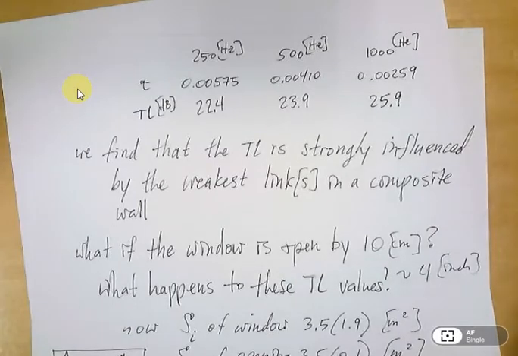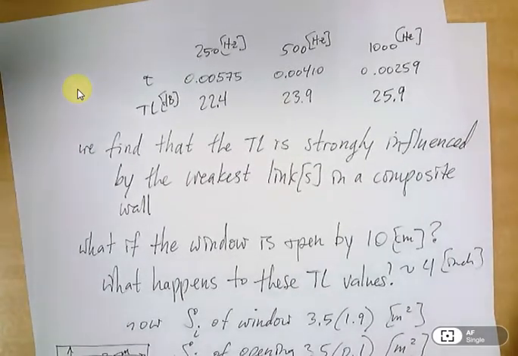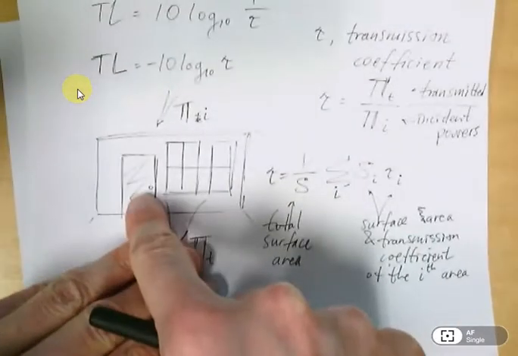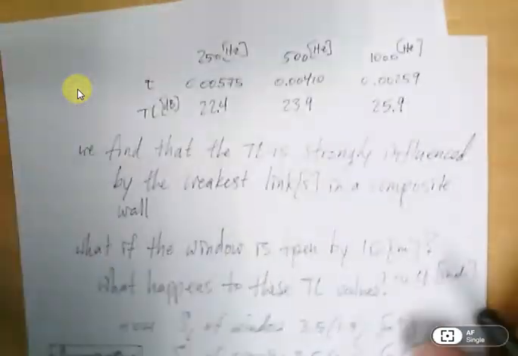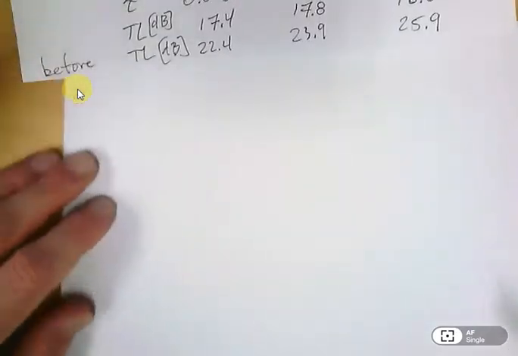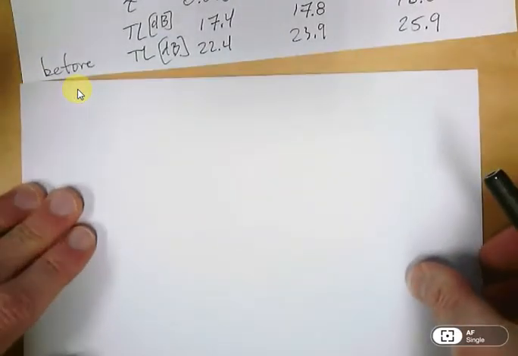Sorry, I'm looking for my sketch. Previously, it was the door, and now it is the crack under a window, the opening of a window. So the doors and cracks under a door are notorious for this type of concern.